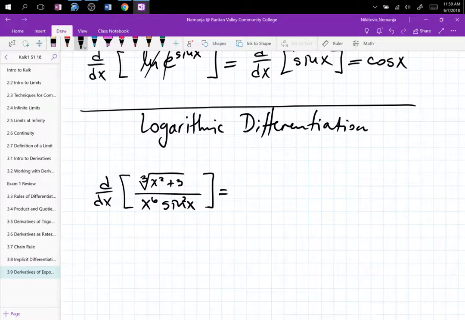So, what do we have? Well, we clearly have a quotient rule with the chain rule with the cube root, the chain rule with the sine squared, the product rule between x to the 6 and sine squared. So you have two chains embedded, one of those in the product, and then product within the quotient.